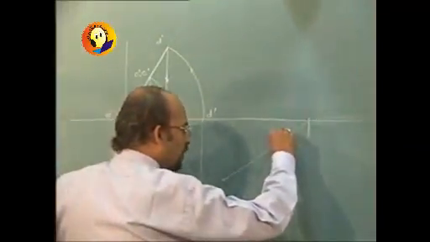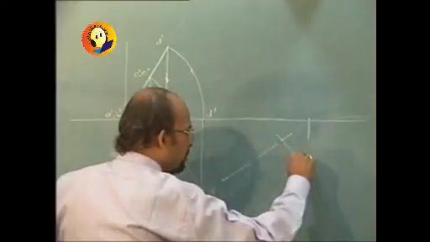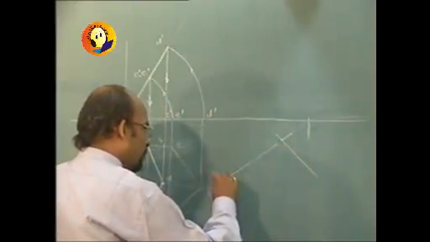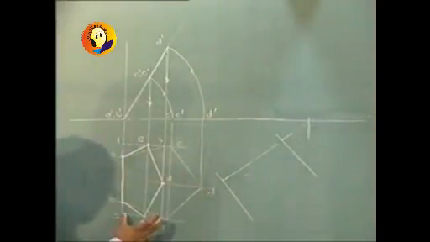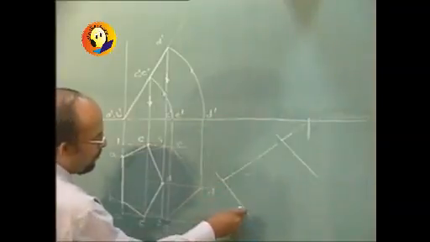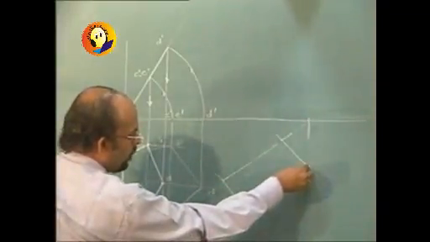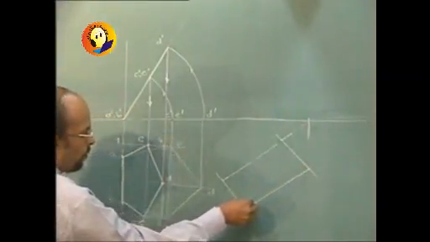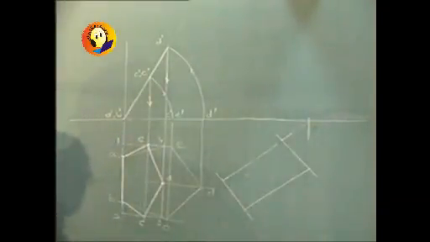Using drafter you can very well draw perpendiculars. These perpendiculars are representing these lengths 2, 3 and 1, 4, which is one and the same. So it can be drawn.